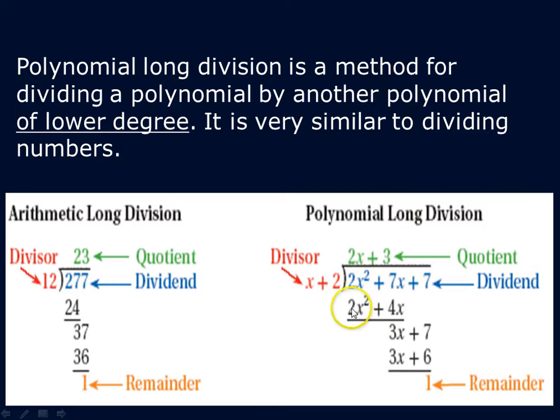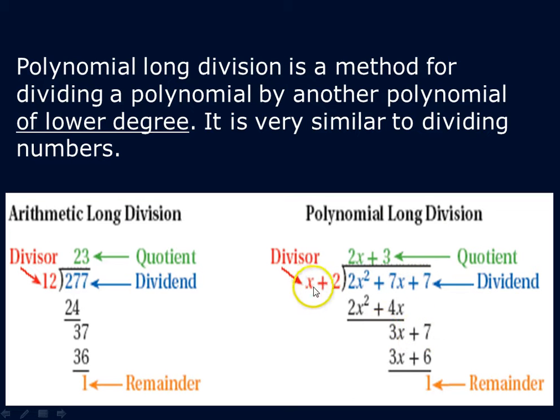And now I need to subtract the whole thing from the top. 2x squared minus 2x squared should give me 0. And it should do that every time. 7x minus 4x gives me 3x. Bring down the next term, so I have 3x plus 7. And now I repeat the process.